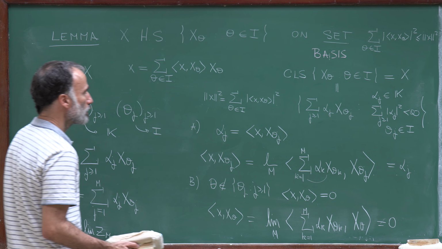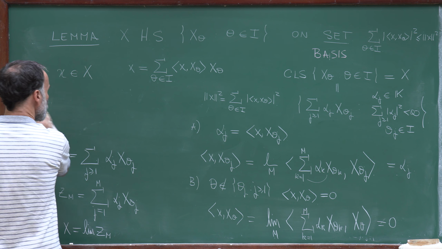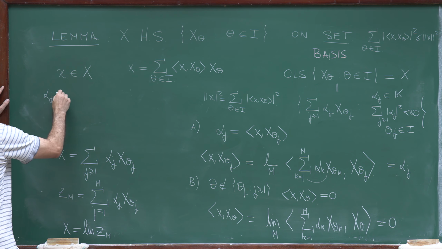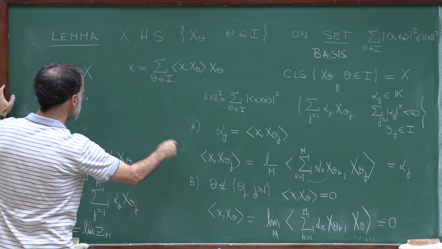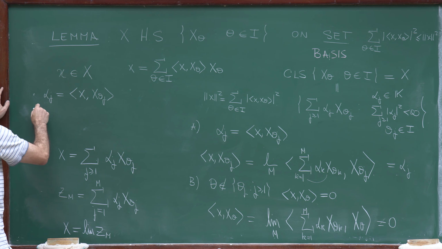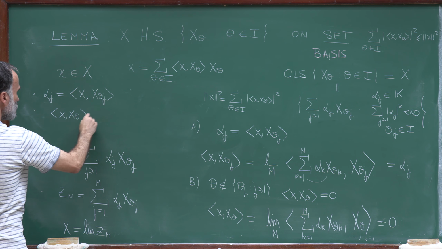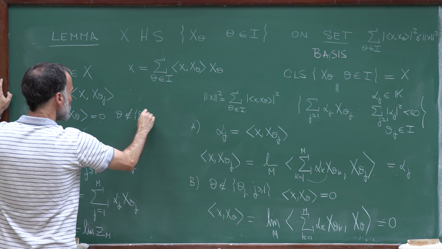Let me write: we proved that alpha j is equal to the scalar product of x with x theta j, and we proved that the scalar product of x with x theta is equal to 0 if theta doesn't belong to the family theta k.